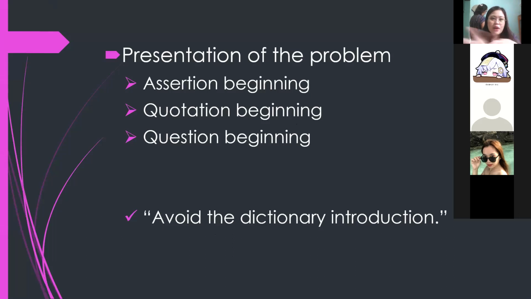Diretso ko kung unsa ang tan-aw nato sa cancer karon ug unsay dapat buhaton nato, unsay existing nga mga data about cancer. Ang definition sa mga sakit or definition sa problem ninyo, makita na siya sa review of related literature, dili sa introduction.